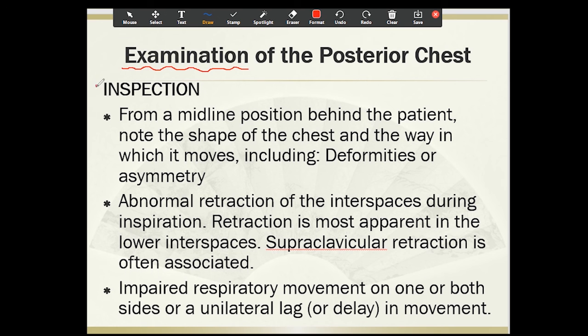We always do inspection first. Inspection means looking. It means we're looking at the chest area. We can look from the posterior first.